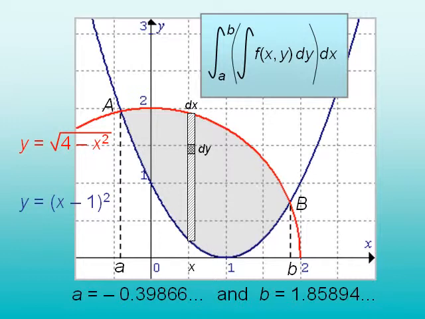We must choose y between y1 and y2. These are the y values on the parabola and circle, so y1 is (x minus 1) squared and y2 is the square root of 4 minus x squared. And now our integral would look like this.